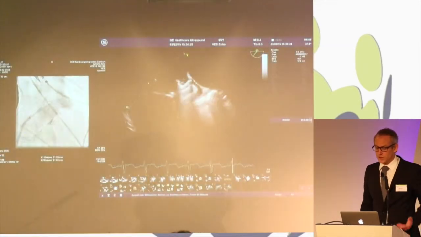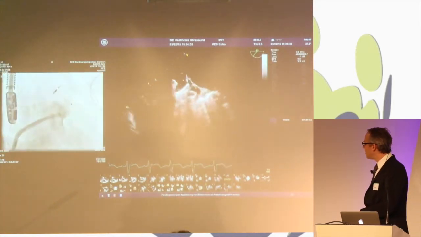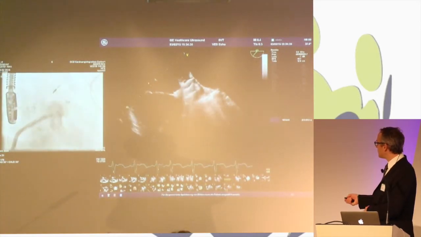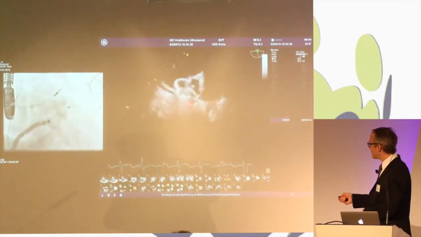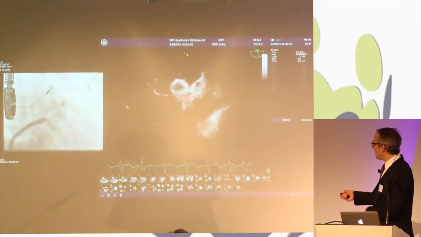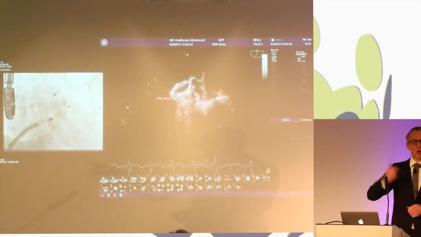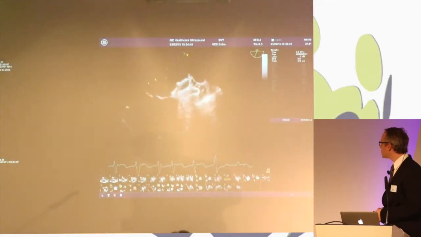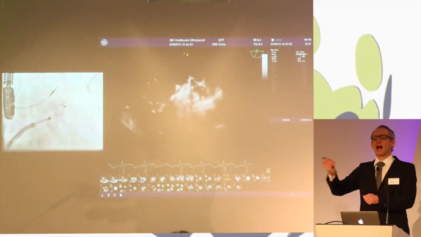So we continued to look at the device, at the position. We do an extensive echocardiographic evaluation, and of course, at the end, we do a stability test by pulling the disc towards the sheath. There are several ways to do it. We do it in a pulsatile manner.